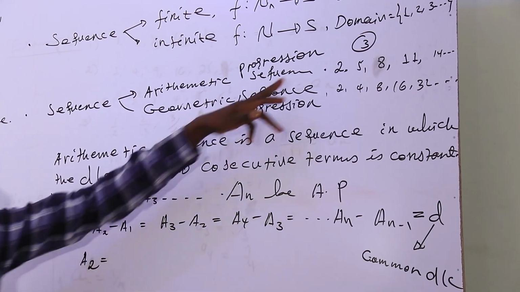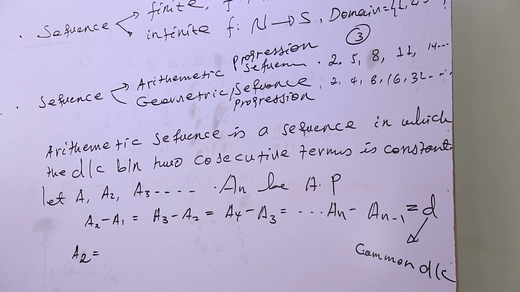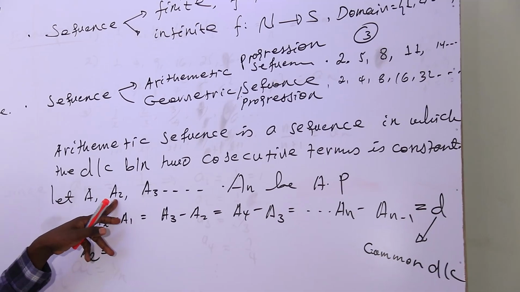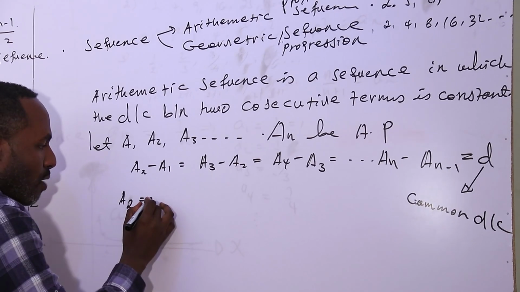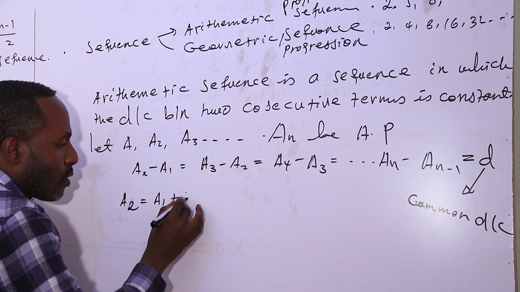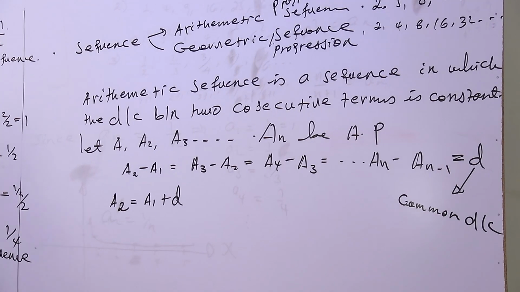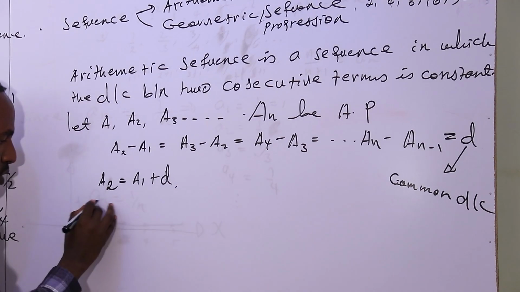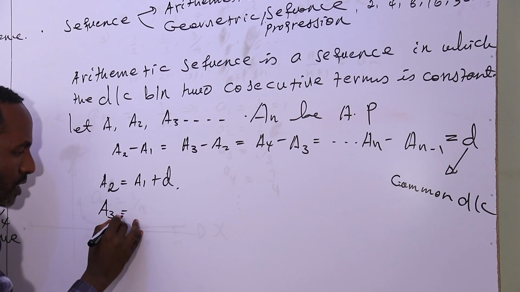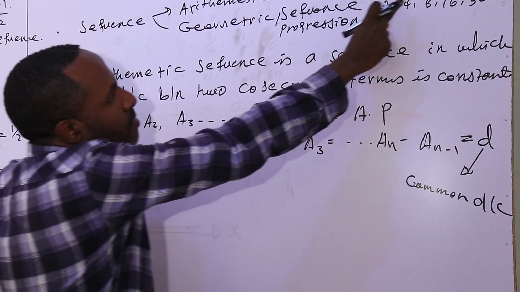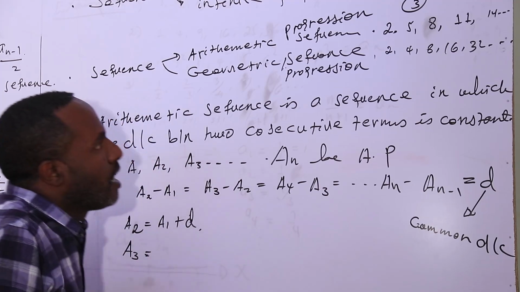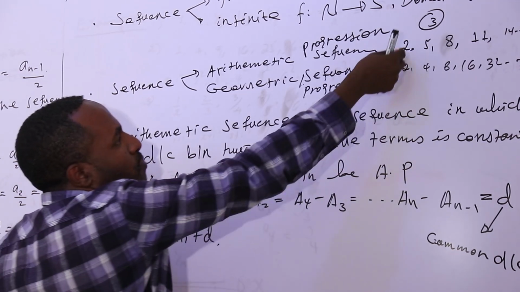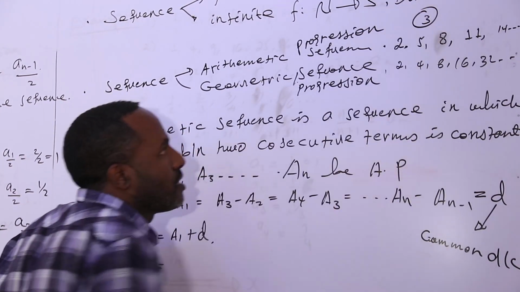the common difference, so that the second term here, A2, means the sum of A1 plus the common difference D. And again, the third term A3 means either the second term plus the common difference, or the first term plus twice the common difference.